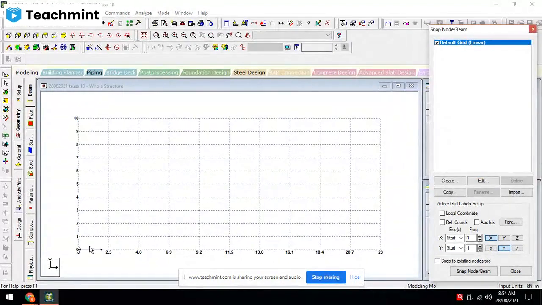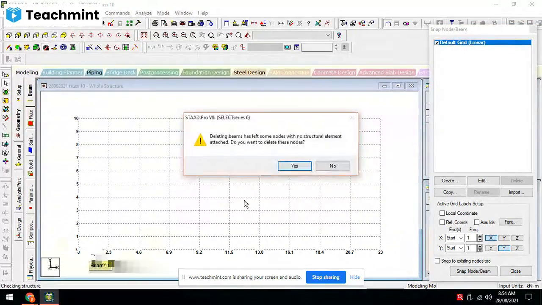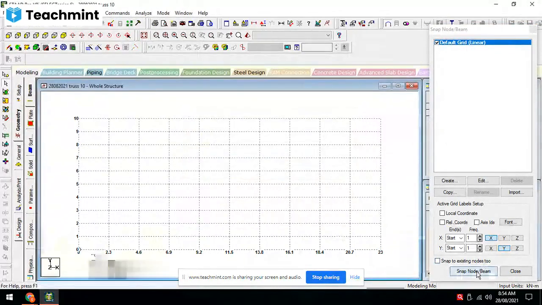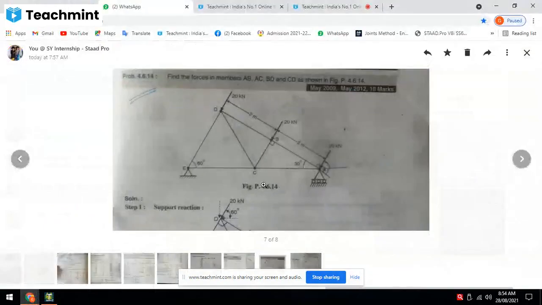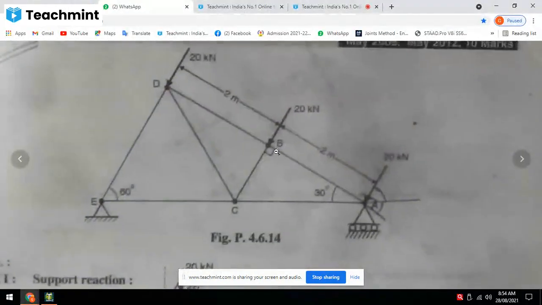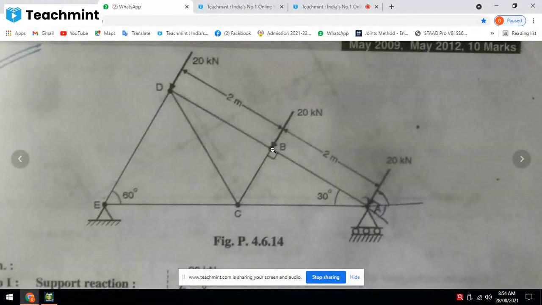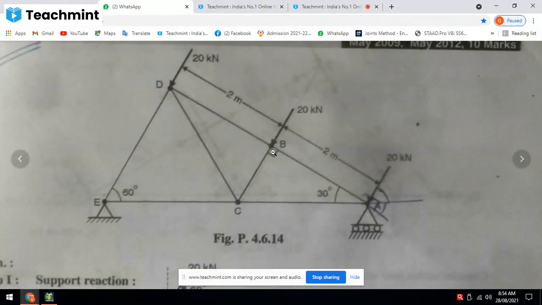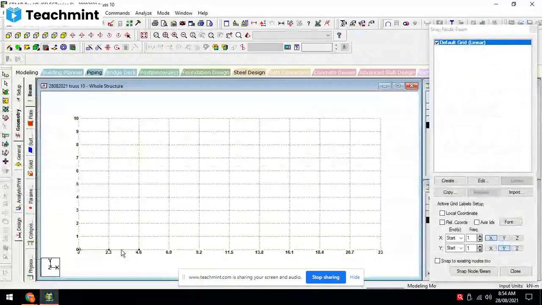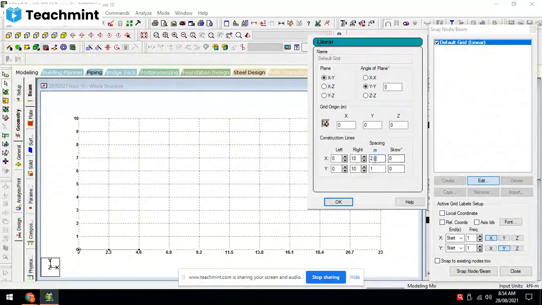So it is 2.3, 2.3, 4.6. Then this ordinate will be 1.73 horizontal. Vertical is 1. Okay.